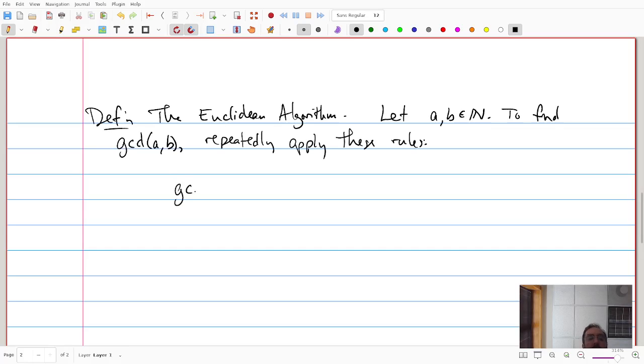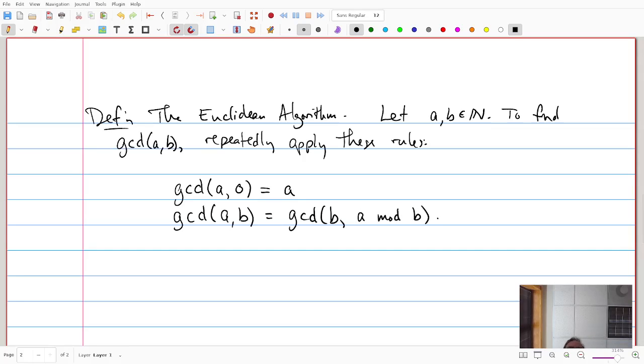First of all, GCD of A and 0: anything divides 0, and A divides itself, so that's always A. Right? And GCD of A and B is GCD of B and A mod B. That's it. That's the algorithm.